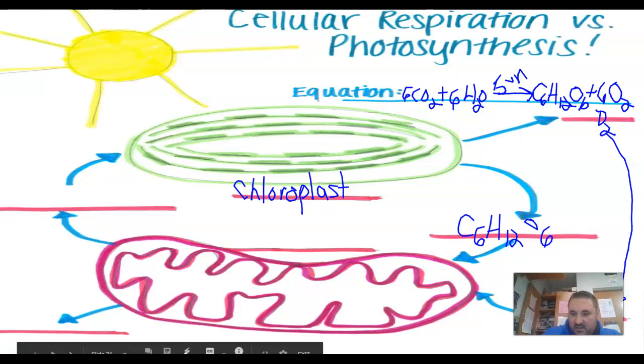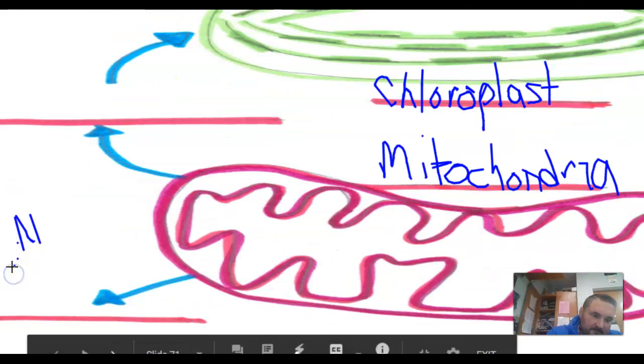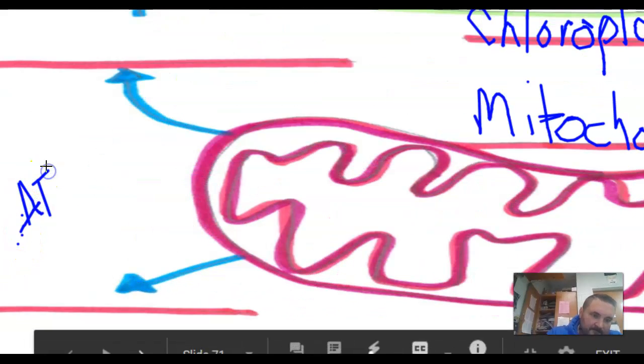So the oxygen, this is actually the mitochondria down here, and it's going to release ATP, carbon dioxide, and water.